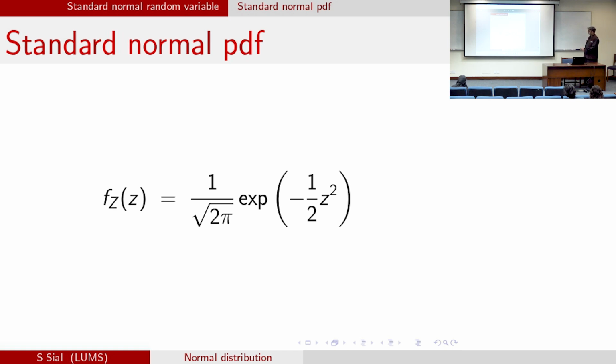Now, we're actually going to be dealing with a family of distributions called normal distributions, but as a practical matter, we always end up having to convert back to the standard normal. So knowing the standard normal is important. This is the form of the PDF for the standard normal distribution.